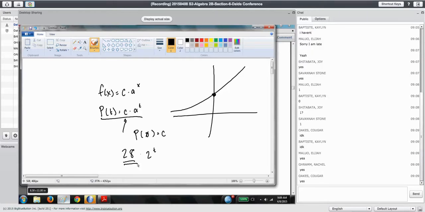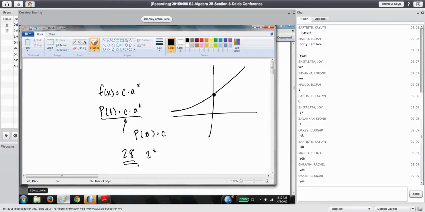Okay, so the population at time equals 0 starts at 28, but it doubles every 2 years. Now, how do we figure out how big the population is today?